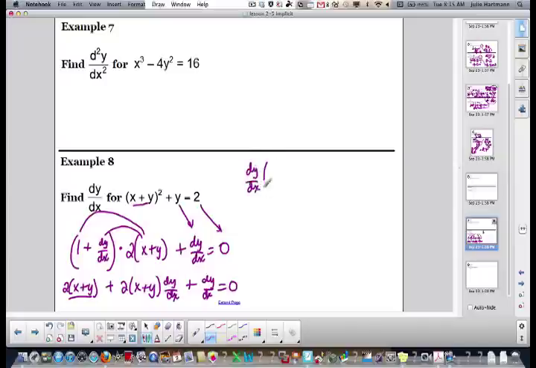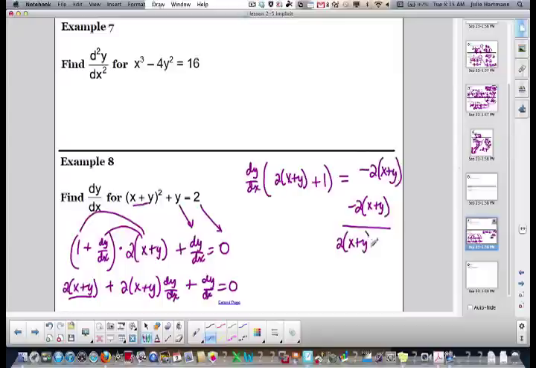So dy/dx times, what's left is, 2 times (x plus y) plus 1, equals negative 2 times (x plus y). So to finish that out, you have dy/dx equals negative 2 times (x plus y) divided by 2 times (x plus y) plus 1. And it is fine to leave it like that. Looks a little messy, but it's fine.